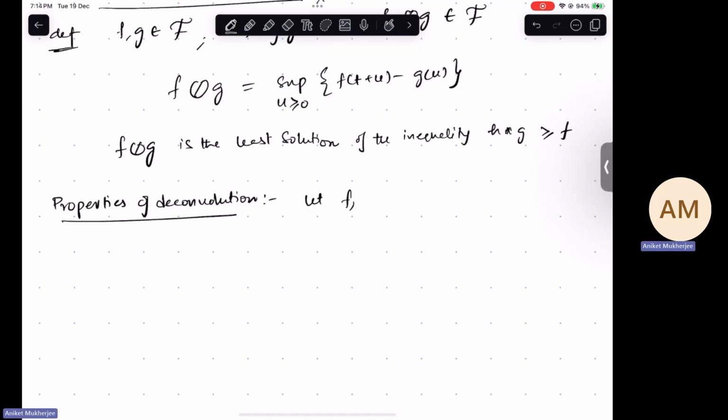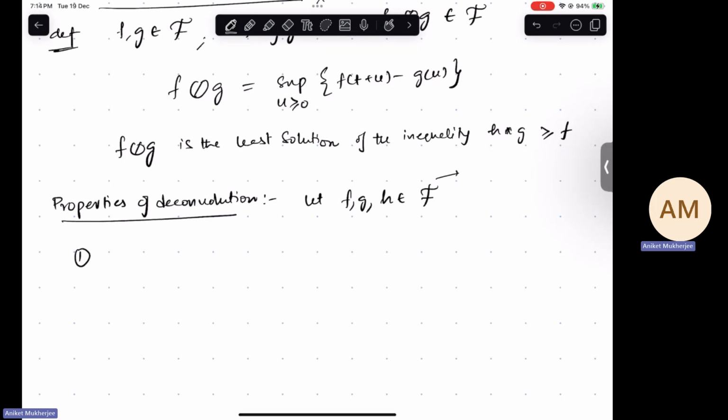Let f, g, h belong to the set of min plus functions. You probably know what the complete dioid is, pointwise minimum and convolution. So for today, I'll just write down the properties, and I'll give a bit of insight from them. We'll discuss the properties in the next class.